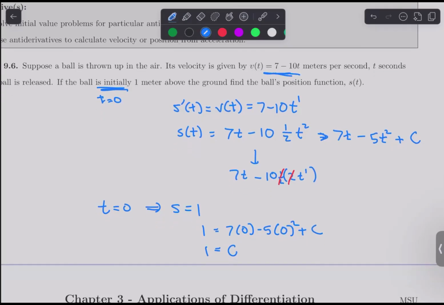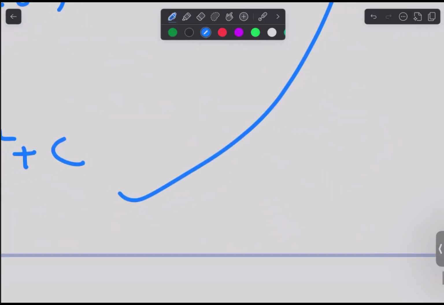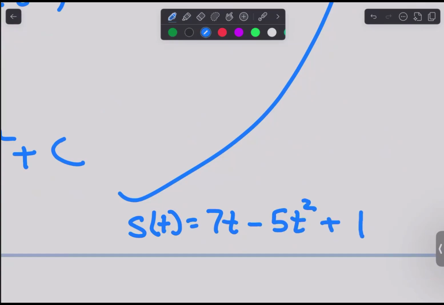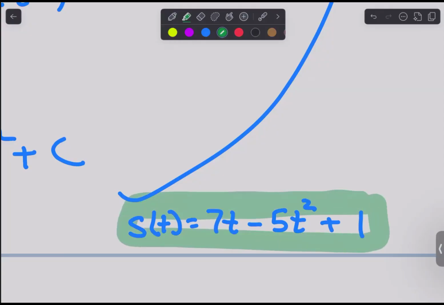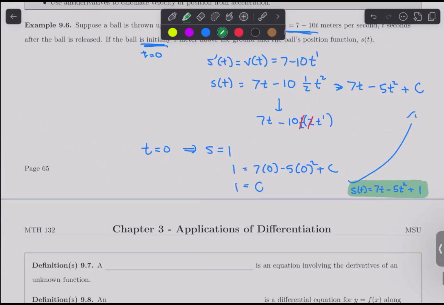And so my final answer after I plug this in would be, and I'm running out of room, so I apologize, I'll squeeze it in down here, s of t equals 7t minus 5t squared, and instead of plus c, we're going to have plus 1. So this would be my final answer. This gives me the fact that the ball is 1 meter above the ground to start. When I plug in 0, I get out 1. But also when I take the derivative of this, I get the correct velocity function.